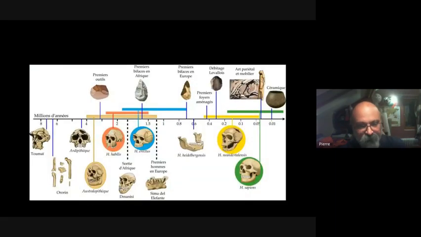So the first thing: why do we try to date prehistory? If you work on a site, you will find a lot of artifacts, remains, many things. But if you want to compare with another site, or if you want to know the duration of the existence of a specific species or behavior or technique, you need to have a good chronology.